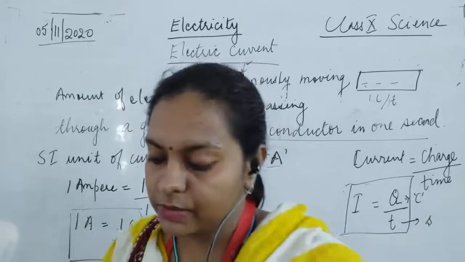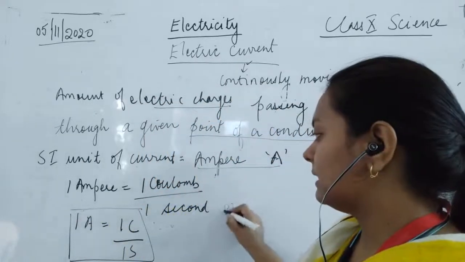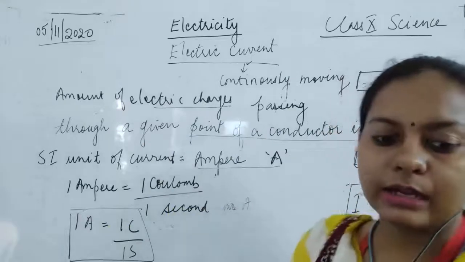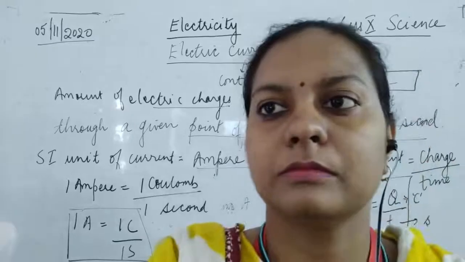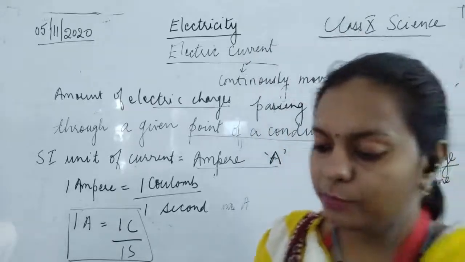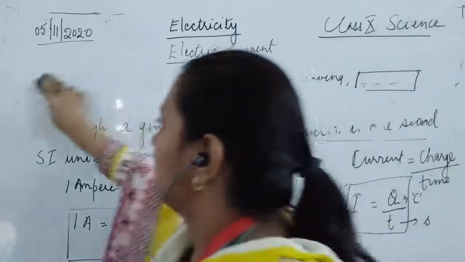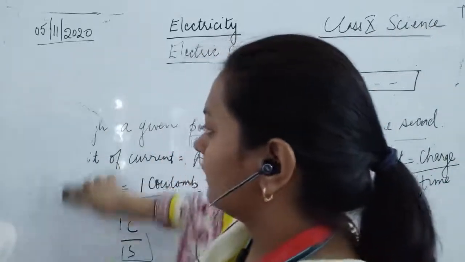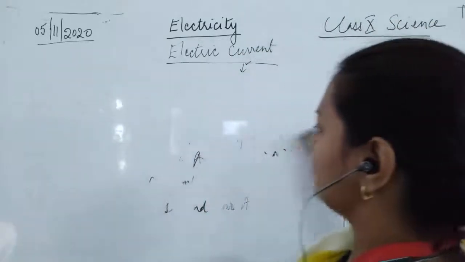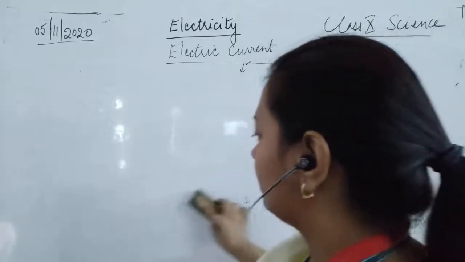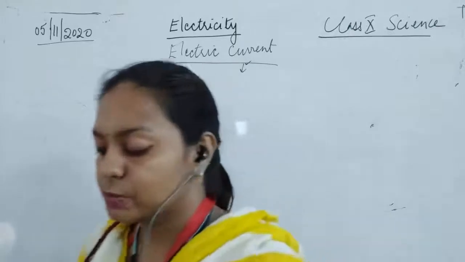Okay, so this is what is about the electric current, children. Now the small quantities of current are expressed in milliamperes, that is mA. Ampere and milliampere. Then we move on to the next part. Current is measured by the instrument called... How can we measure the electric current? Electric current is measured by using one instrument, as we discussed yesterday that voltage is measured by one instrument known as voltmeter.